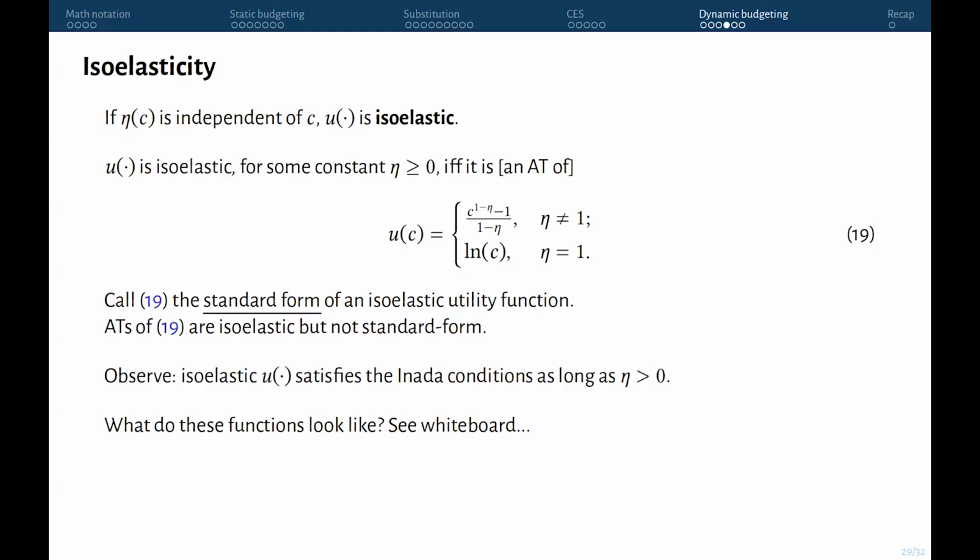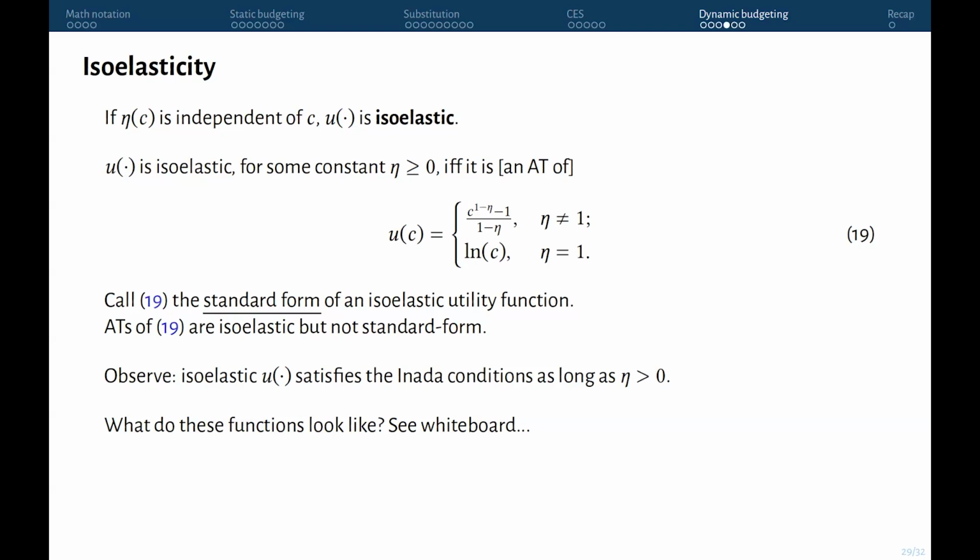Okay, so for eta equaling 1/2, it'll look kind of like a square root. It'll always equal 0 in standard form. Utility will always equal 0 when consumption is 1 unit. But lower eta, sort of less diminishing marginal utility, will have higher utility at any given consumption level. And for eta greater than 1, you have an upper bound to your utility, but not a lower bound.